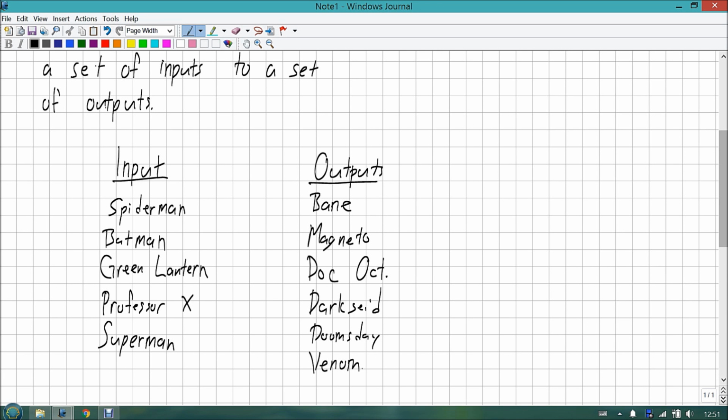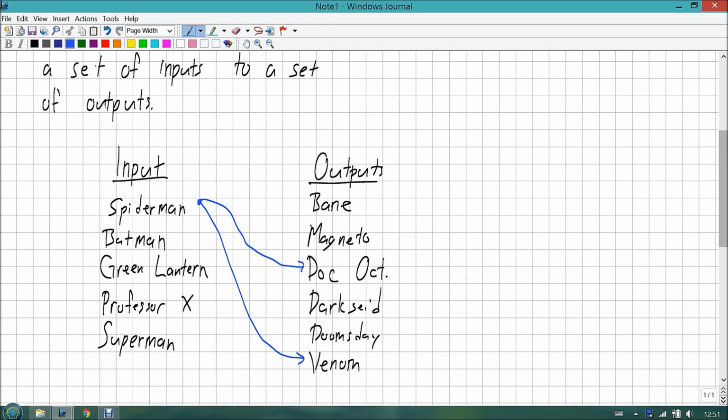So what we're going to do is pair our heroes with one of their main villains. For an example, we have Spider-Man. Spider-Man has two villains on this list. The first one that he faces a lot is Dr. Octavius. And the second one that he faces a lot is his counterpart, Venom.